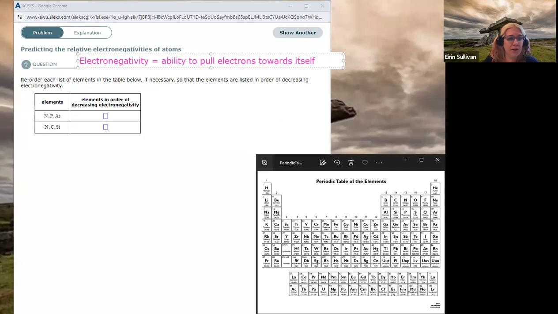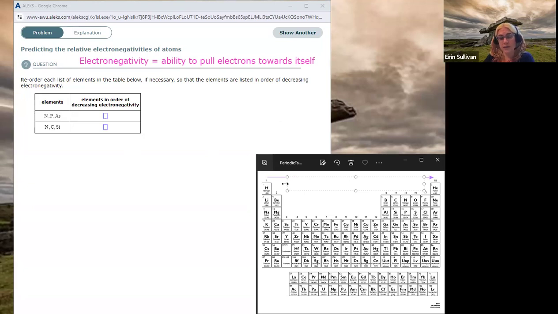So actually electronegativity does trend with effective nuclear charge, and we already know those trends, right? We know that effective nuclear charge is going to increase across a period because we have the same amount of shielding, because you're adding electrons in the same valence shell, but the amount of nuclear charge is going up by 1 as you increase the atomic number each time.